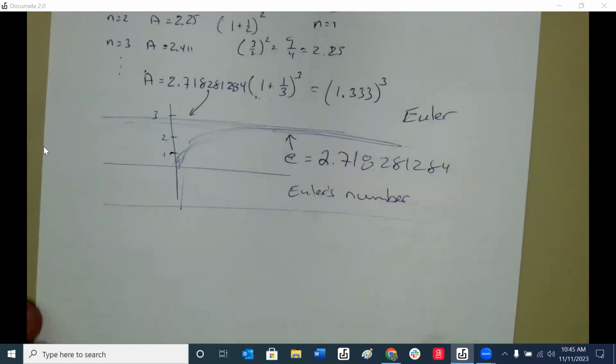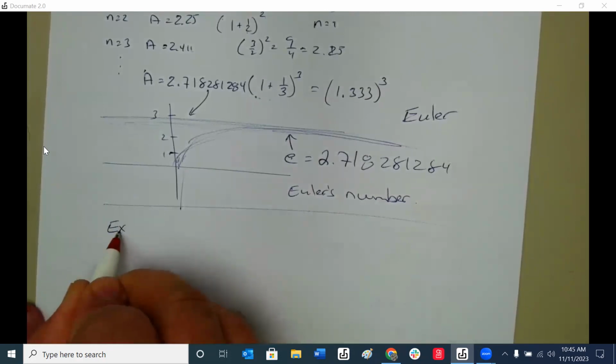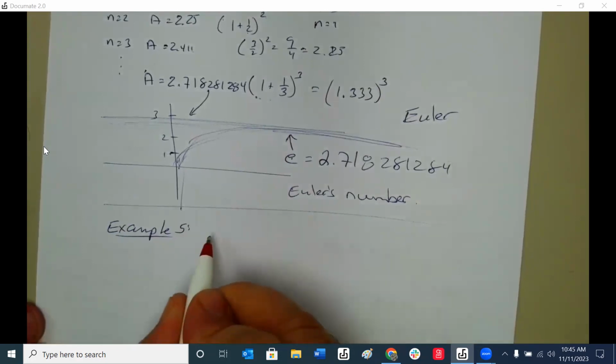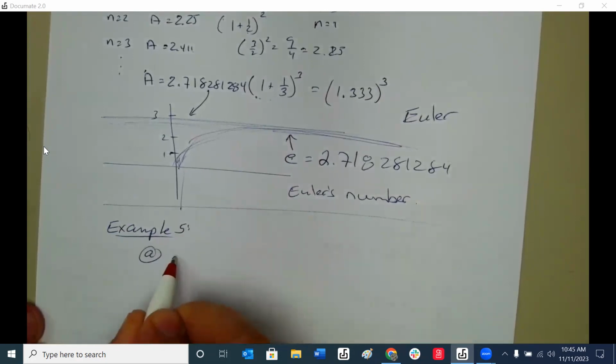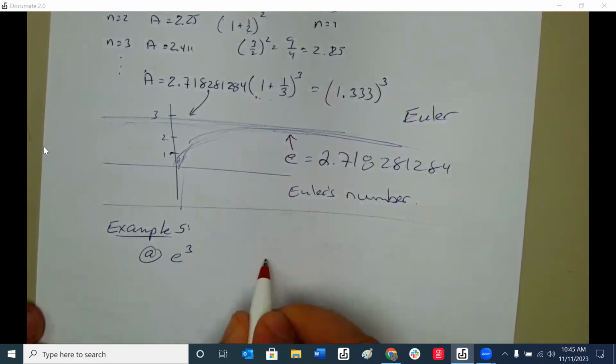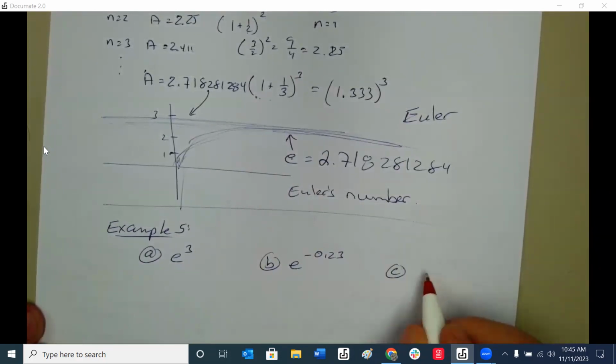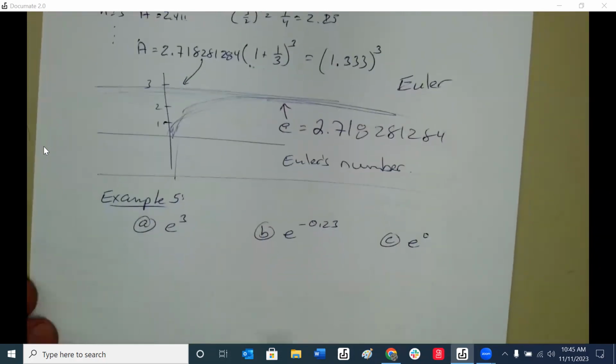You'll see a lot of this in upper math courses, and if you take higher level business courses and stuff like that. So let's look at example 5. What is E cubed? What is E to the negative 0.23? And what is E to the 0?